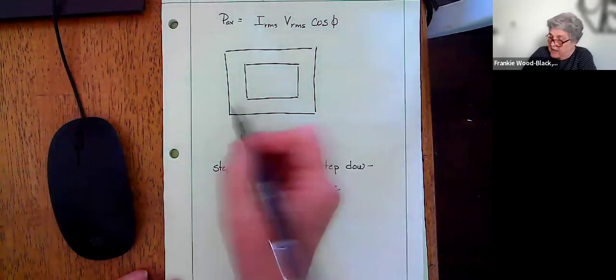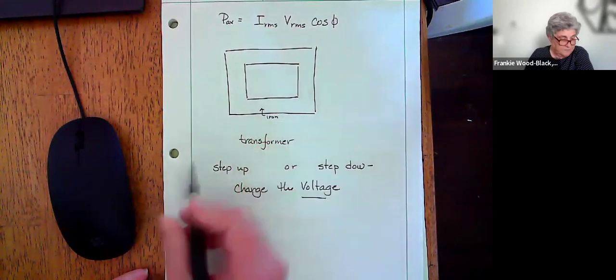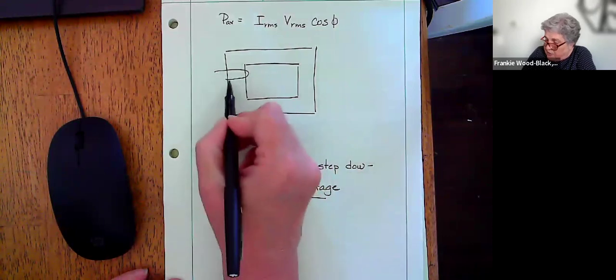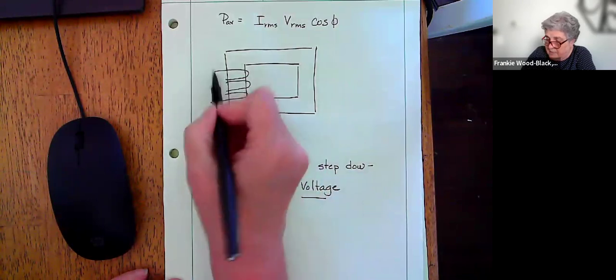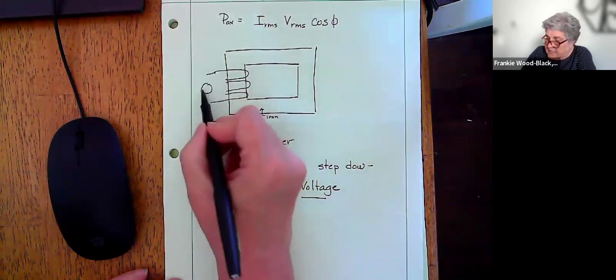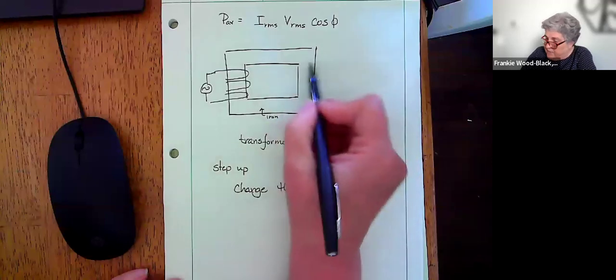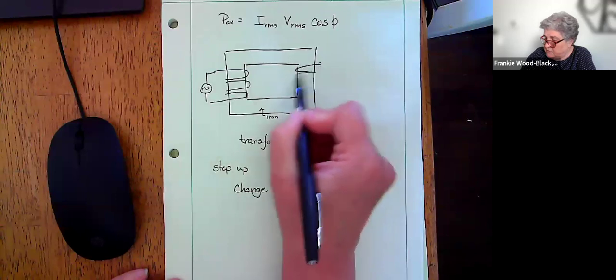And so basically what happens is this is kind of an iron block here. And it's going to configure and look an awful lot like our Faraday equipment. Okay. So we have our AC coming in, and this one will have a different number of turns.